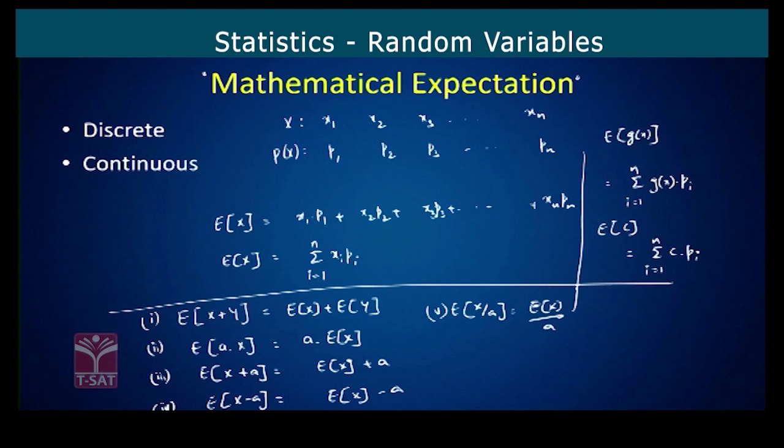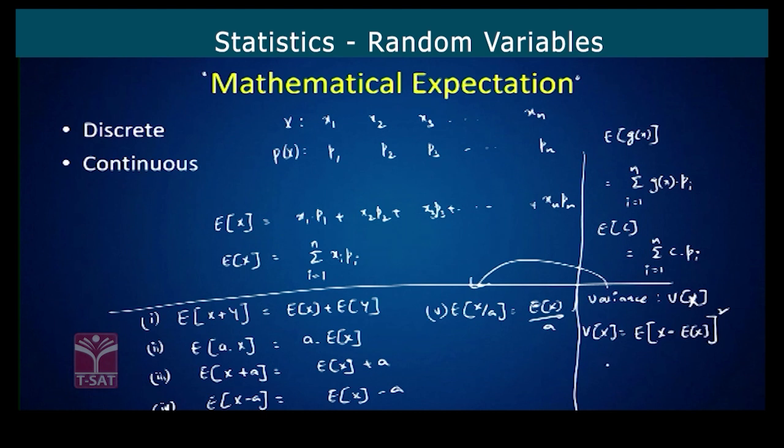Now we'll see one new thing here, variance, which is denoted by V of x. Now we will establish a relation between the expectation values and the variance. So this variance of x is given by expectation of x minus expectation of x, whole square.